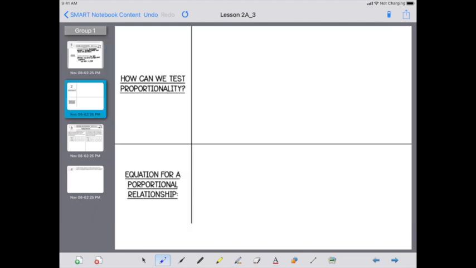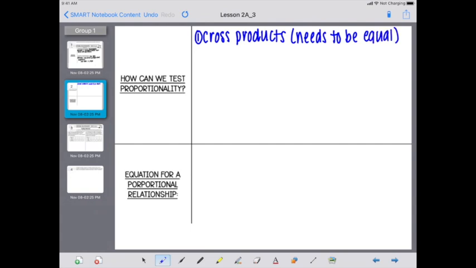Okay, so let's go to how we can test proportionality. We covered this in the last lesson. So there's 3 steps. You can cross multiply and test the cross products. They would need to be equal. Another way you can test proportionality is to simplify fractions.